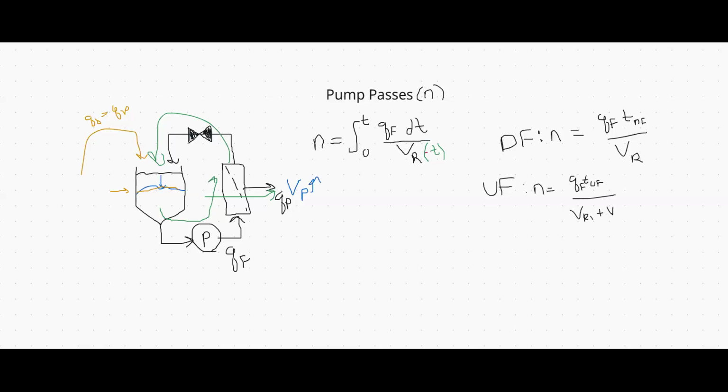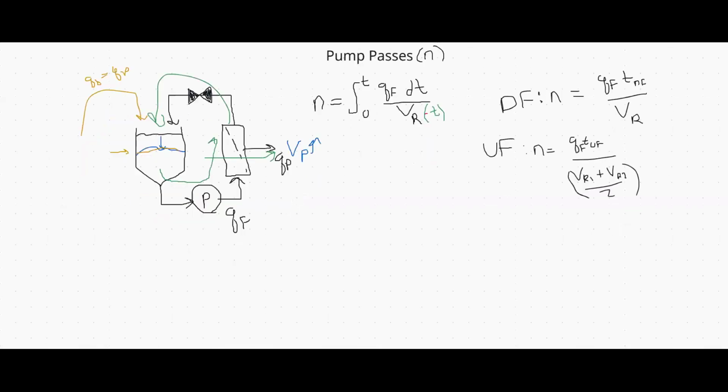I'll call them VR1 and VR2. You could call them initial, final, whatever you want. That gets you a pretty good result. But there are two other ways that we're going to go over for calculating this N.